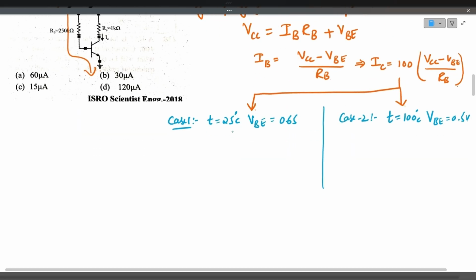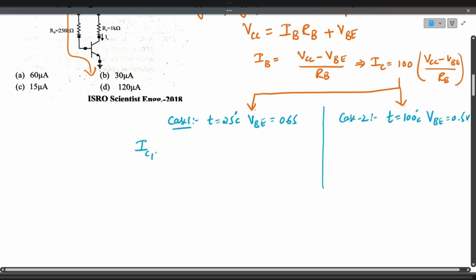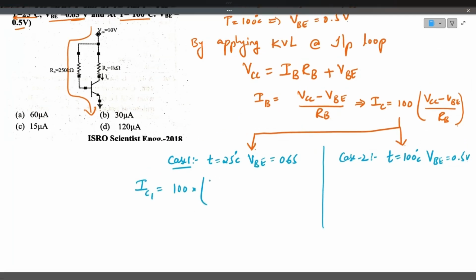Now substitute these values. IC1 is equal to beta, 100, multiplied by VCC, given as 10 volts, so 10 minus VB, 0.65, divided by the base resistance RB, 250 kilo ohms. If you substitute this, you will get IC1 as 3.74 milliamps.